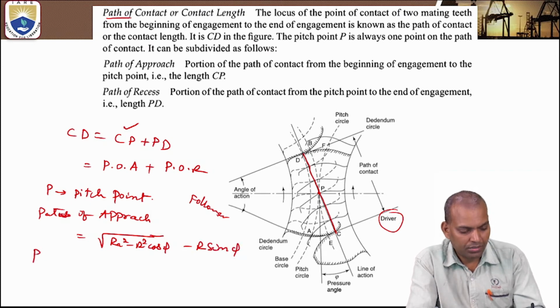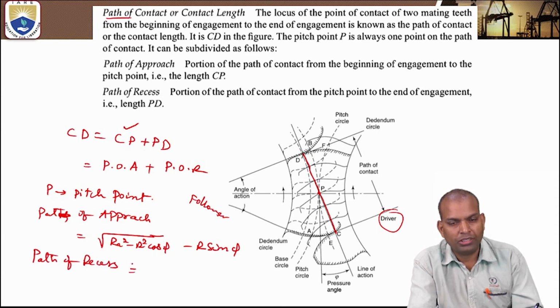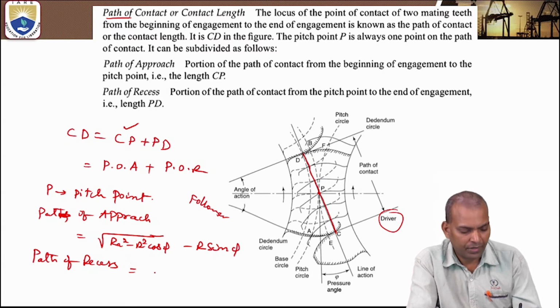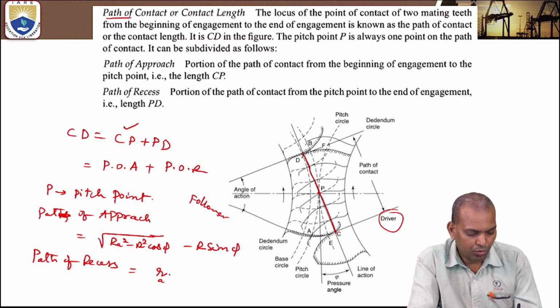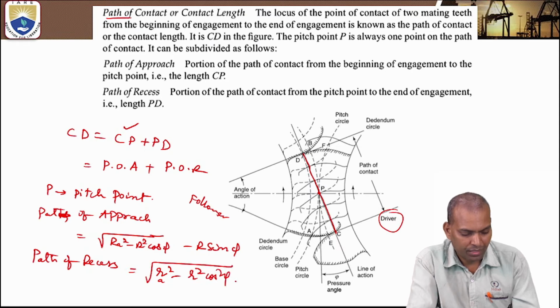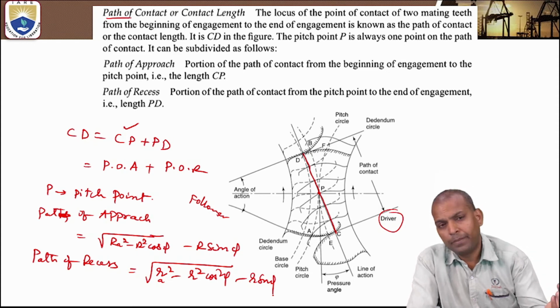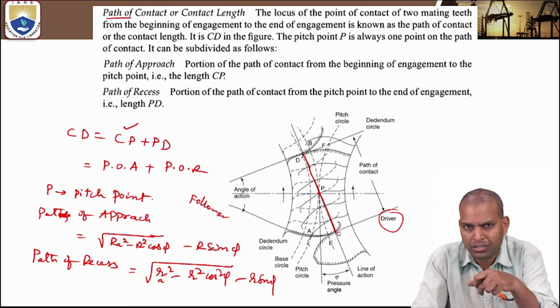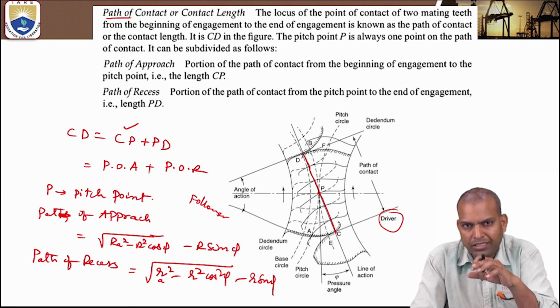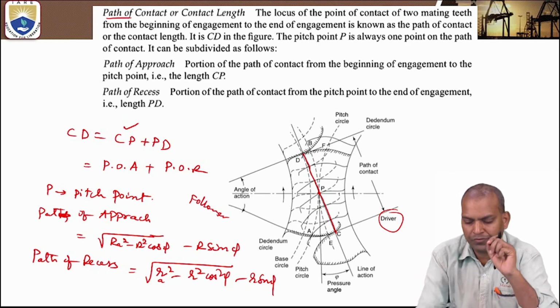Path of recess takes place on the follower, that is, the square root of (small ra square minus small r square cos square phi) minus r sin phi. The sum of these two formulae is the formula for the path of contact. So path of contact is the sum of path of approach plus path of recess.